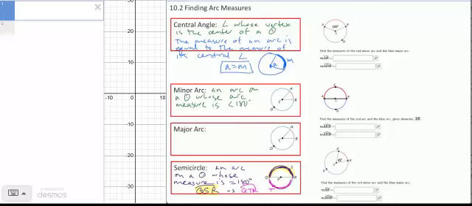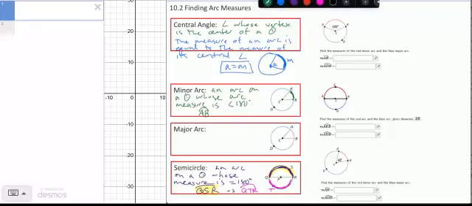Here, I see that arc AB is smaller than 180 degrees. When naming it, you always start and end with the endpoints of the arc. If it's a minor arc, you only use 2 points. If it's a major arc or a semicircle, you need a middle point that it passes through.